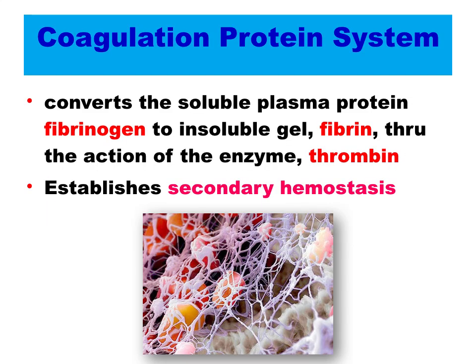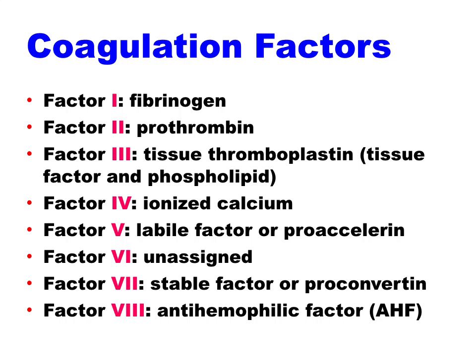This system converts the soluble plasma protein fibrinogen into an insoluble gel known as fibrin by the action of the enzyme thrombin, and this will establish the secondary hemostasis, the one that I was mentioning, that will form a more stable fibrin clot compared to the platelet hemostatic plug, the primary hemostatic plug.